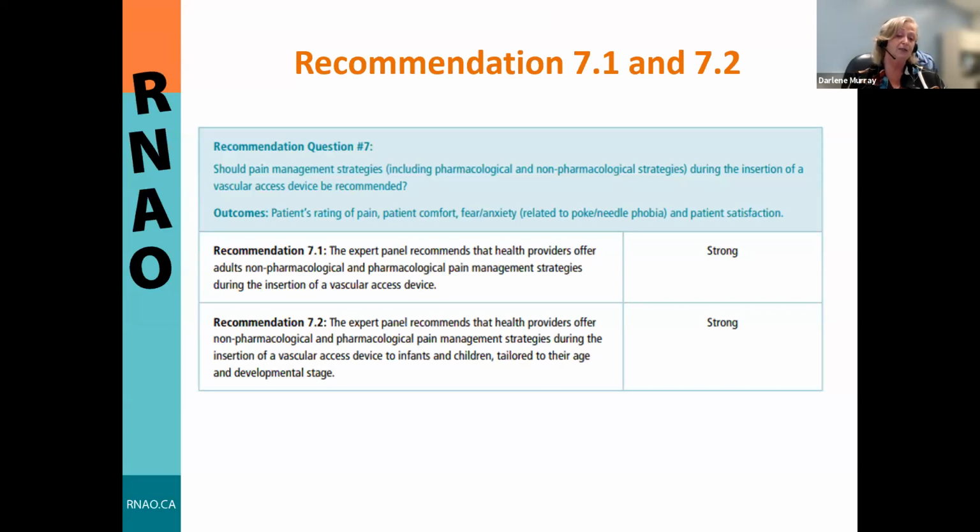Some key practice notes include aseptic technique needs to be maintained during a vascular access device insertion, regardless of the type of pain management strategy used.